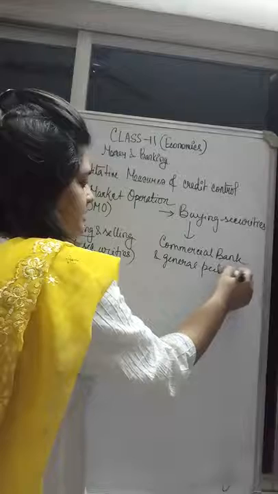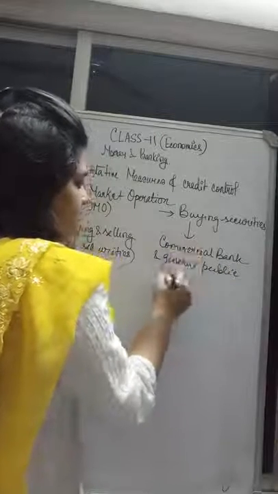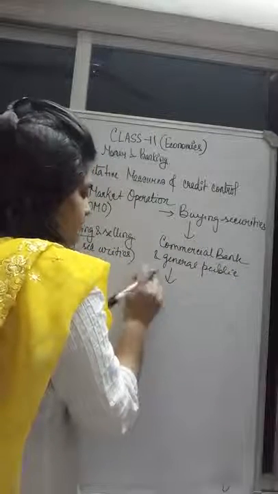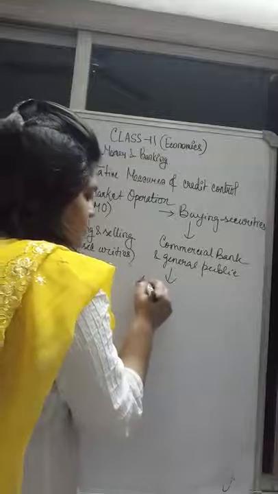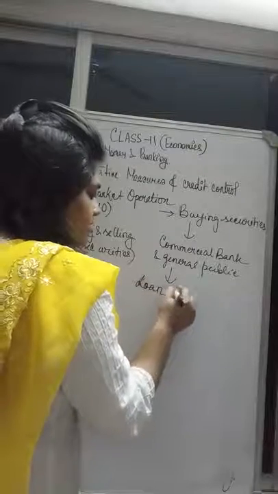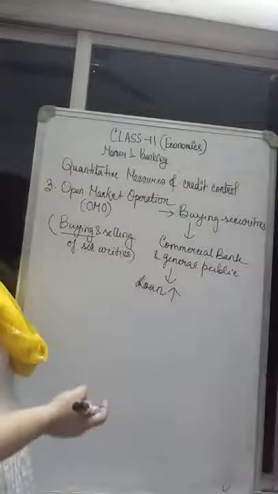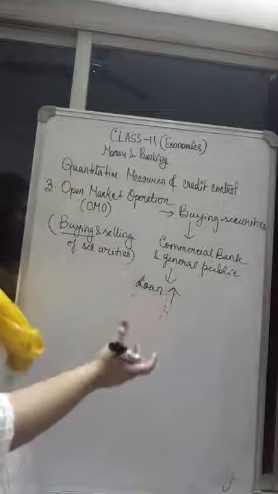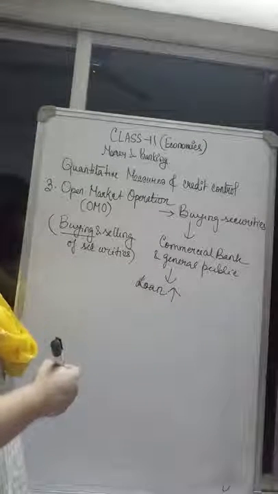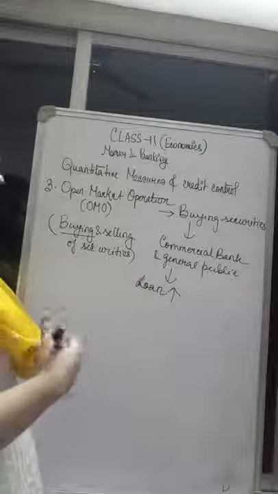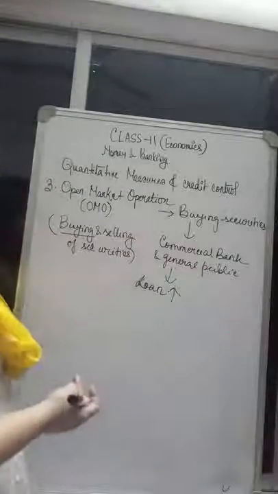So on one side, commercial banks' credit creating capacity increases, so it now can give more loan in the economy, as well as general public already have more money because the central bank has bought the securities this time. So general public got monetary return from central bank.